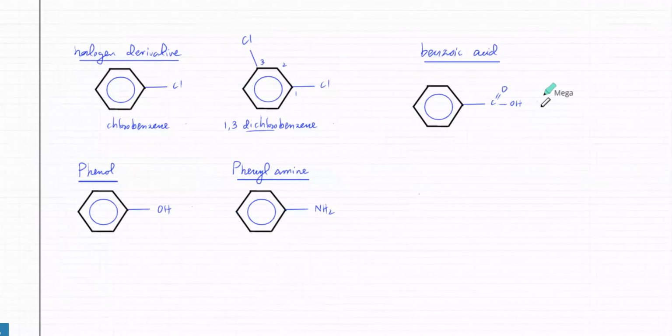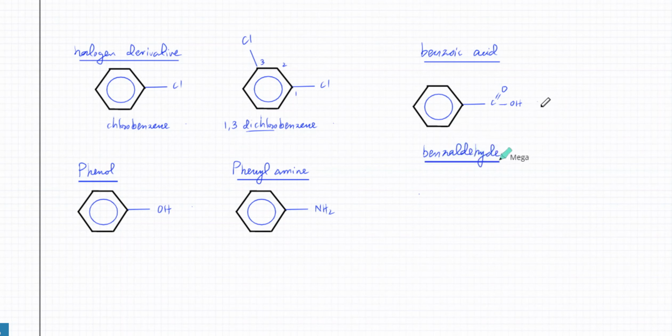So this one is benzoic acid, and you'll have benzaldehyde. Benzaldehyde is obviously just by the name, a benzaldehyde is basically a benzene with an aldehyde group.